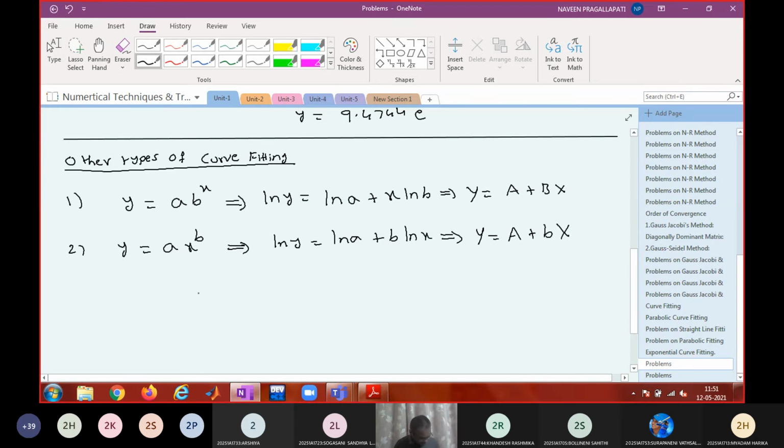So this is called a geometric curve. Some people call this a power curve, and some people also call it an exponential curve. Let us call this a power curve.